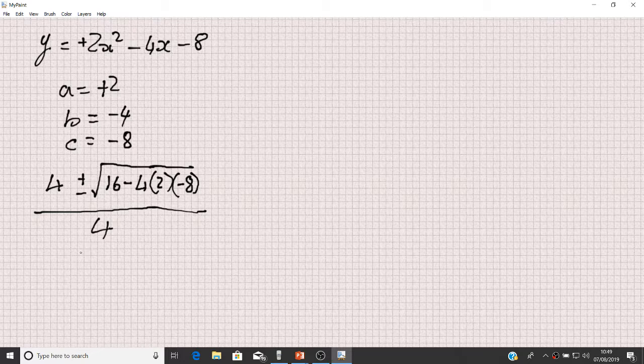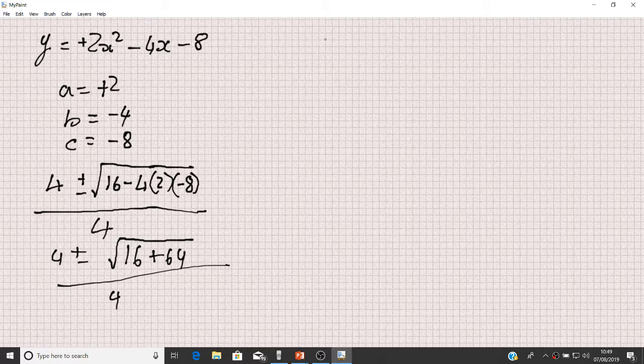Okay, we simplify what's under the square root, so we leave the 4 here, 4 plus or minus the square root of 16 plus 64. 16 plus 64 is 80, all over 4.